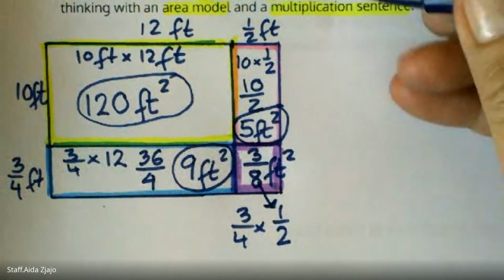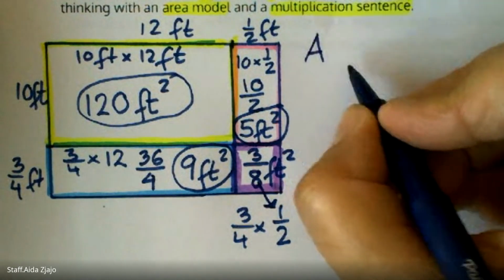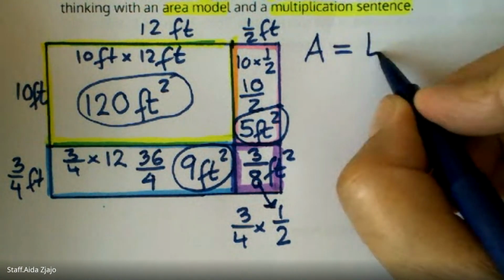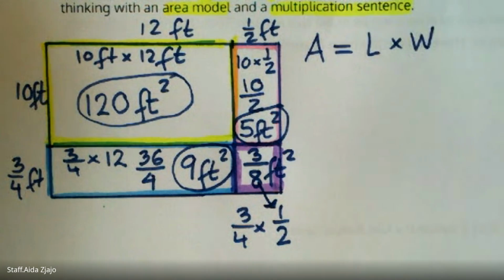So the area of the rug is length times width, correct?